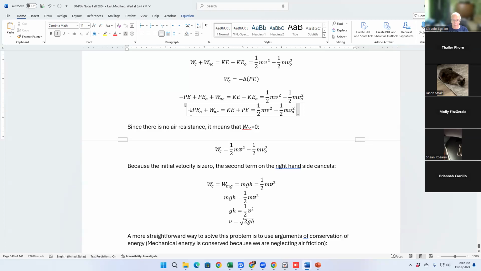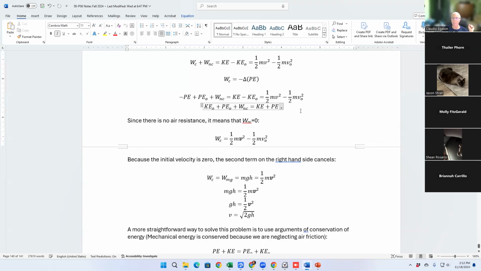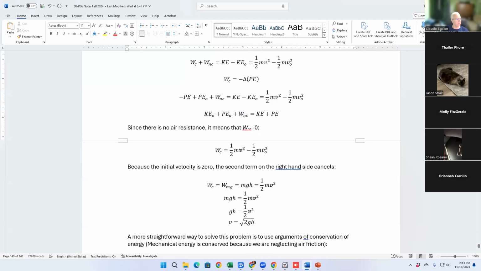It's going to add the initial kinetic energy to the initial potential energy. See, here we have the terms for conservation of mechanical energy. And here's the term for the non-conservative force, in case we have a non-conservative force. Okay, that's a simple example.